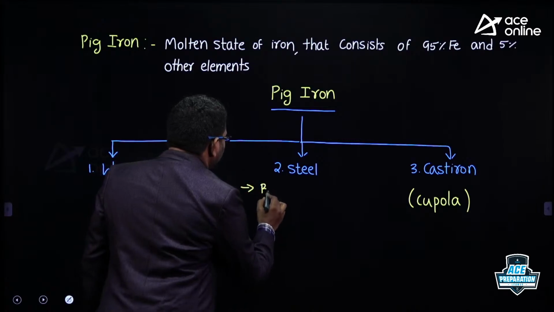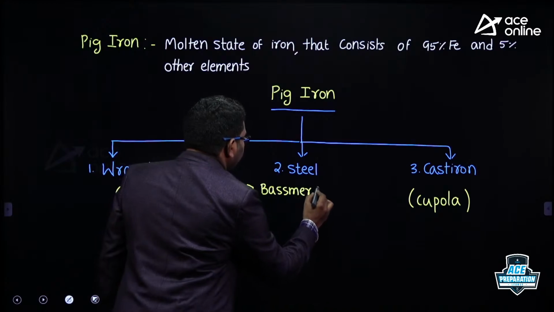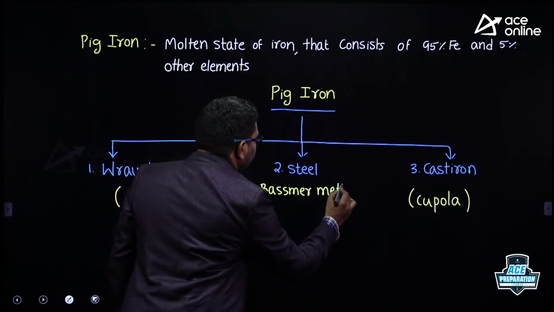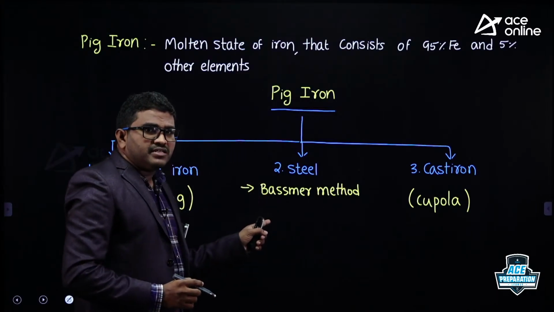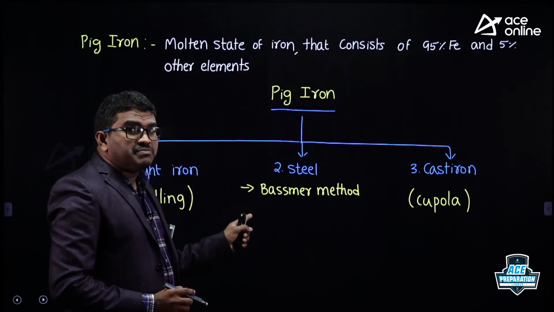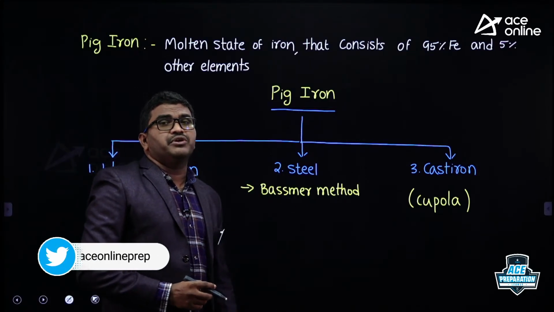One method is the Bessemer method. We are producing steel by using this Bessemer method, and in this method, 2000 tons of steel per hour we can produce.